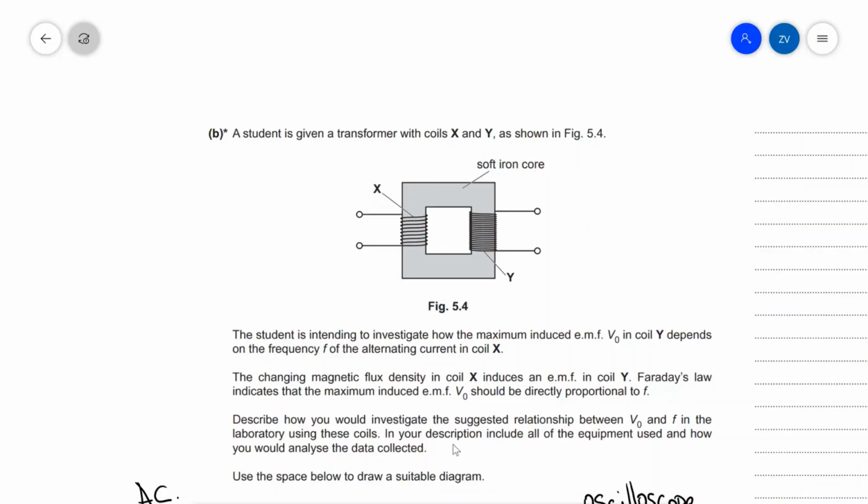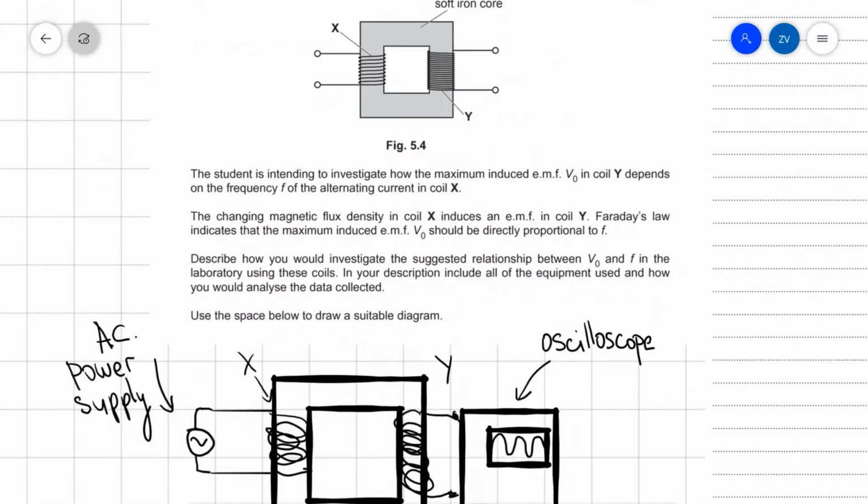In your description, include all the equipment used and how you would analyze the data collected. Use the space below to draw a suitable diagram, which I've already drawn over here.